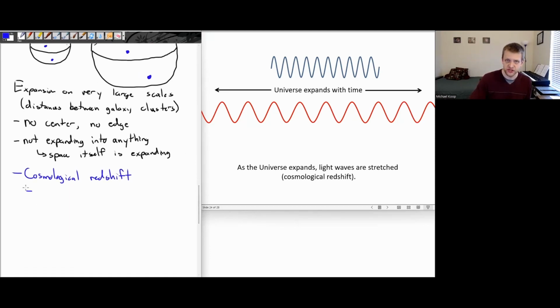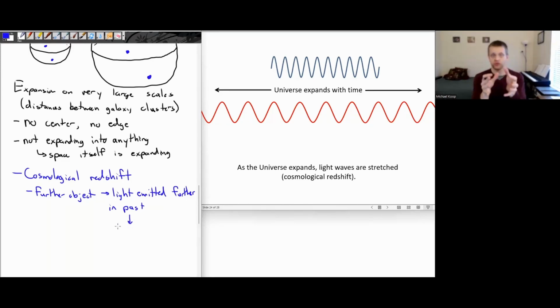The further away the object is, the longer ago the light was emitted. So further object, light was emitted further in the past. The further in the past that light was emitted, well, the smaller the universe was at the time. So the longer ago that light was emitted, the more space has expanded since then.